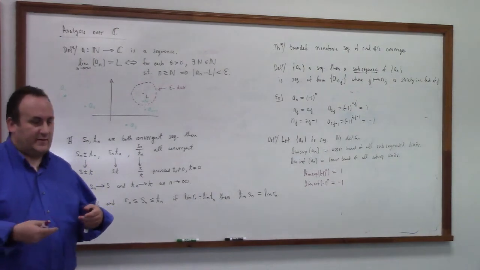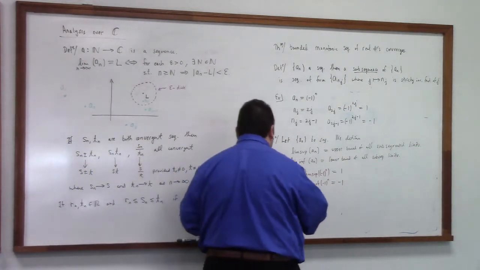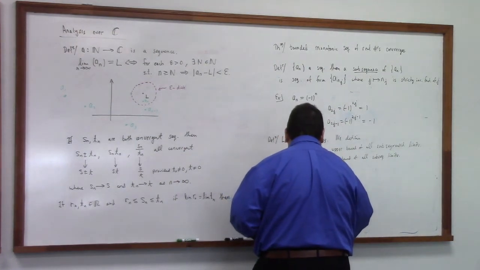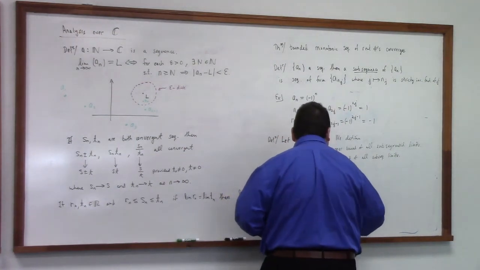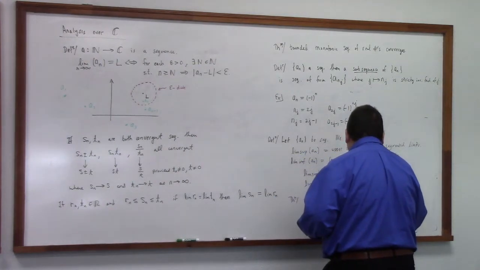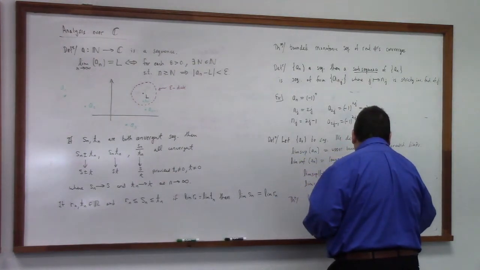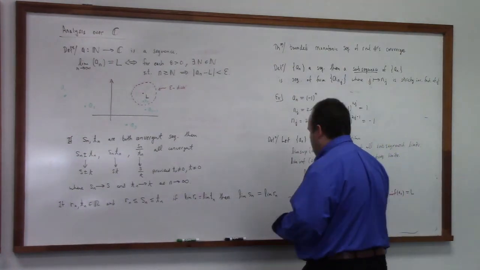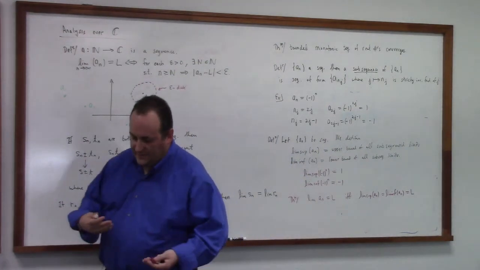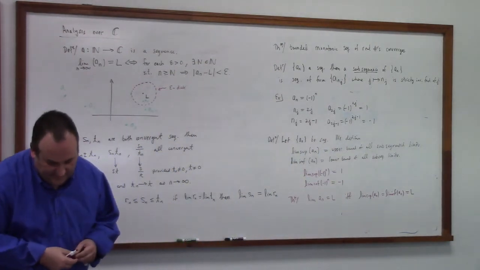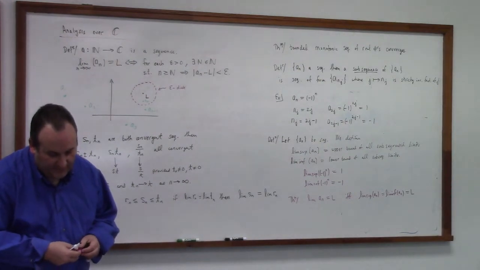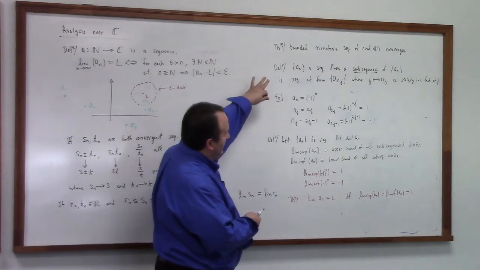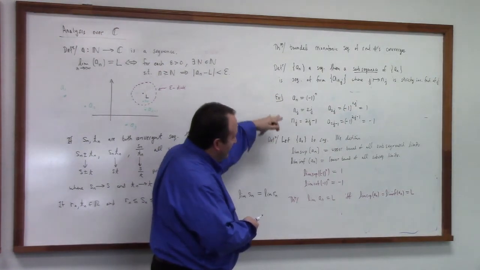Because the theorem that we get next from this is that the limit of a_n is equal to L if and only if the lim sup of a_n is equal to the lim inf of a_n is equal to L. In other words, the sequential limit of a sequence exists and is equal to L. And to be clear, these things I'm saying right now are really intended for real sequences.